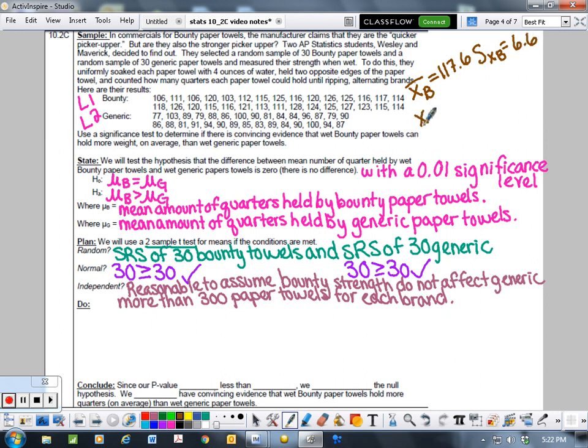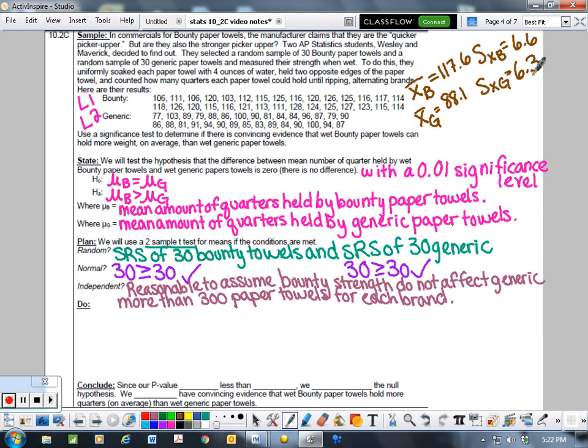Then we're going to look at generic. So we're going to have a mean of 88.1, and we're going to have a standard deviation of 6.3. Looks like quite the difference, but is it big enough?